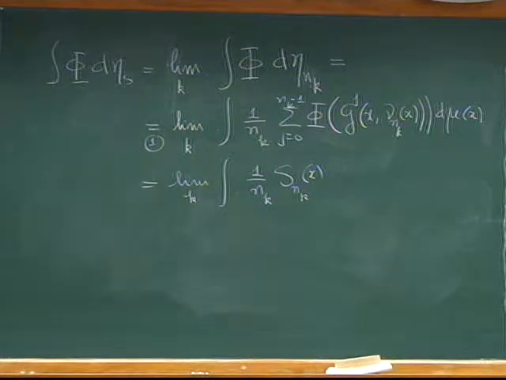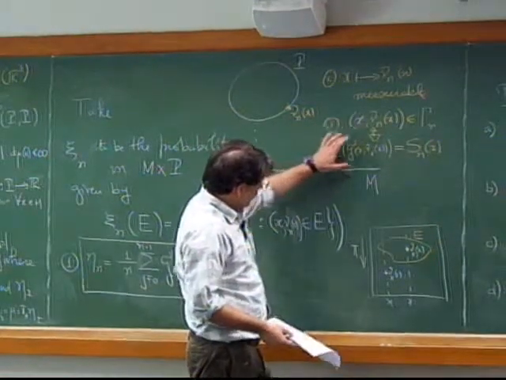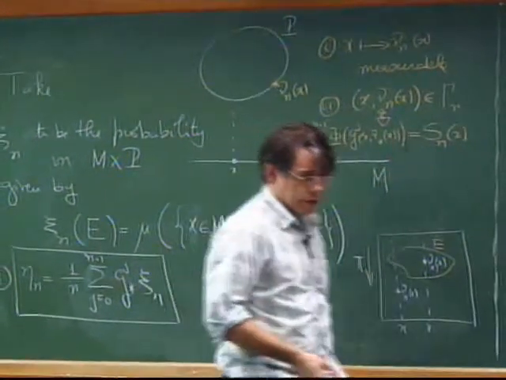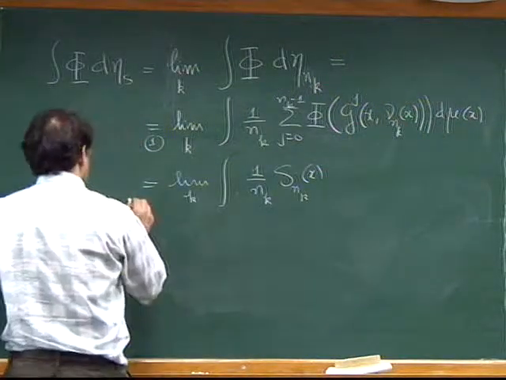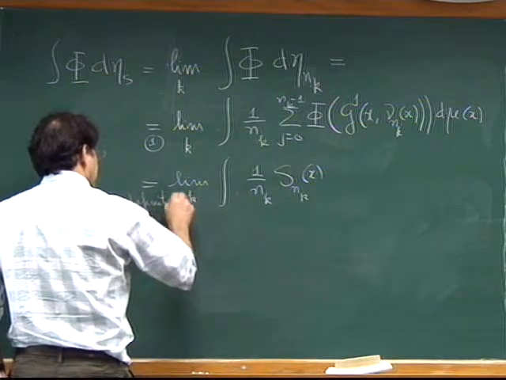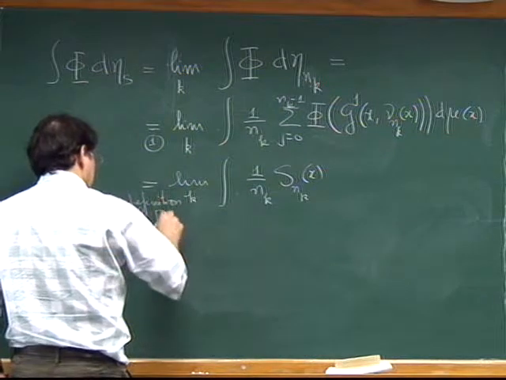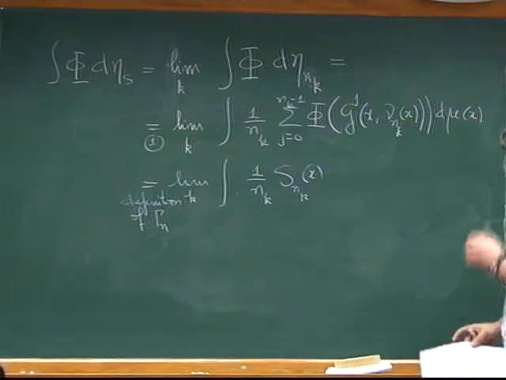Right? This sum, this complicated sum for the points I'm interested in, is equal to the supremum, and the supremum we call Sn of x, by the definition of gamma n. Good.